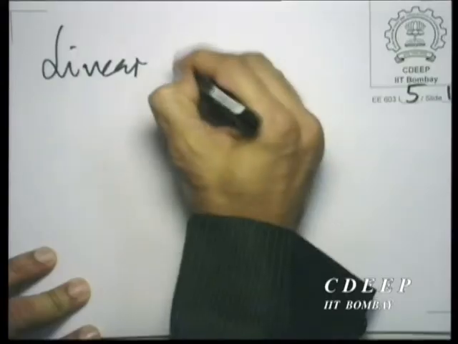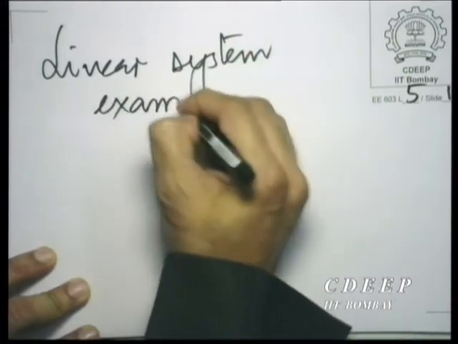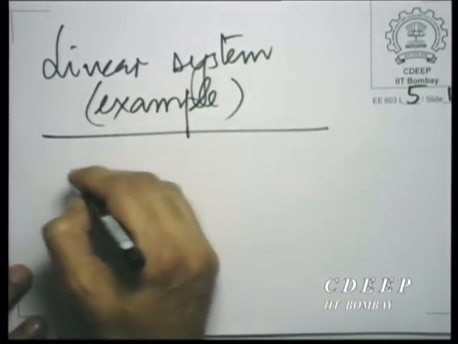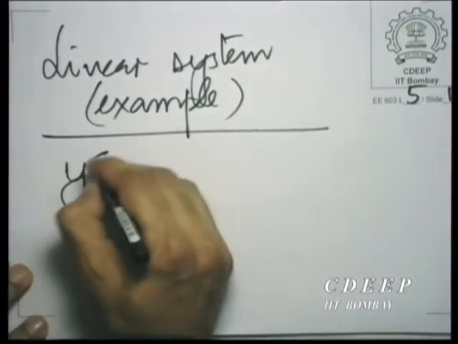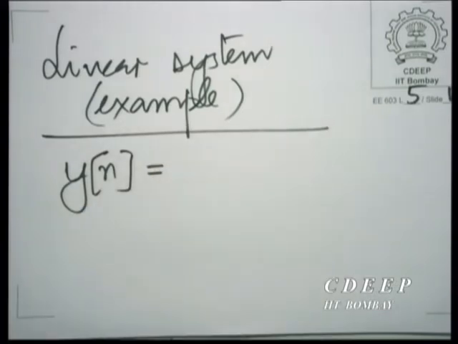Linear system example. We describe a system by the following equation. Well, how do you specify a system? A system is specified by the way it relates the input and the output samples.